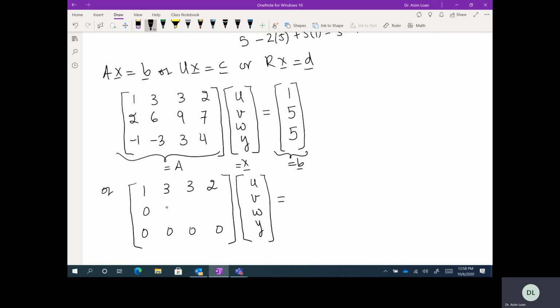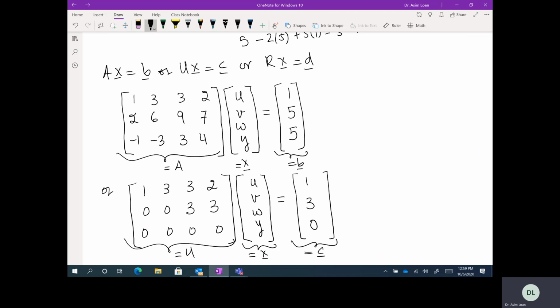On the right side, this one was b1, this was 5 minus 2, which is 3, and obviously this is 0. So this is U, this is still x, and this is c.